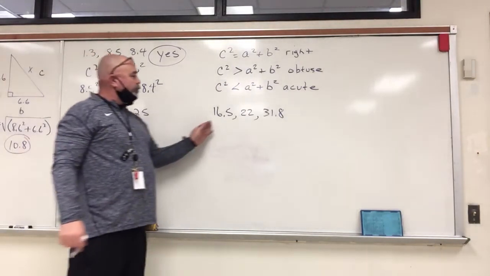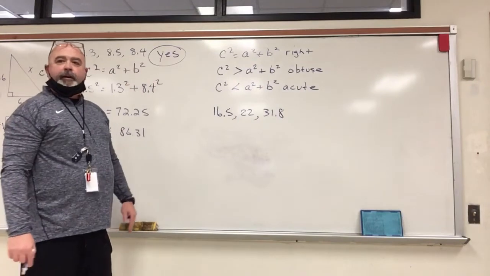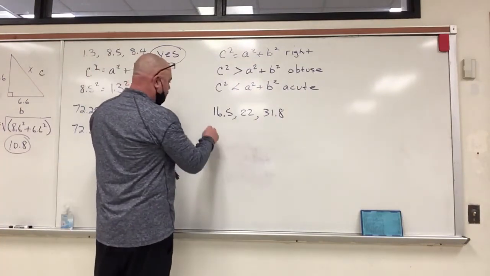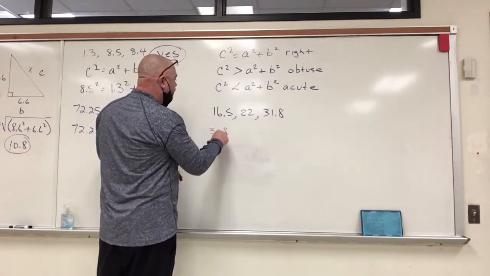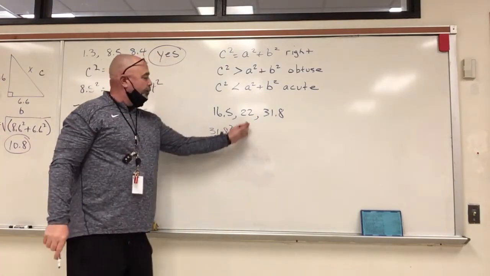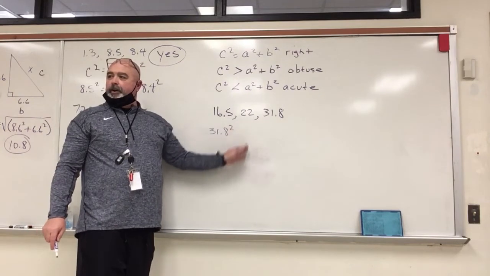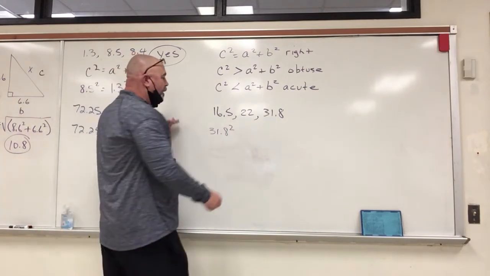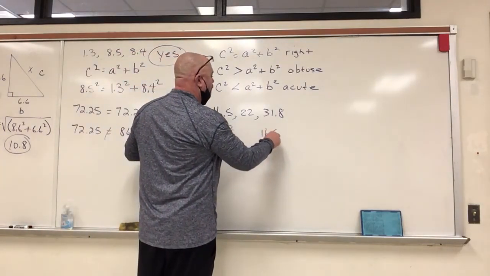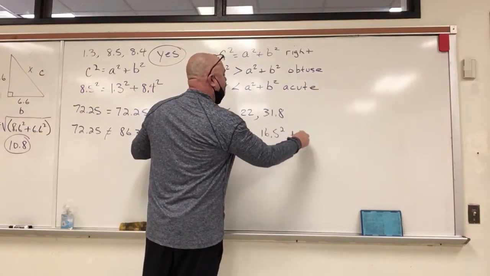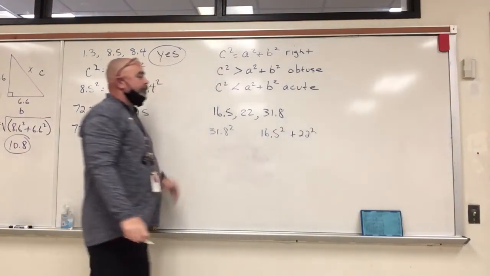Which one of these is gonna be C? 31.8. All right, here we go. 31.8 squared. Now, I'm not gonna put anything in here because I don't know what it is. I'm gonna leave that blank right there. And I'm gonna go 16.5 squared plus 22 squared. All right?